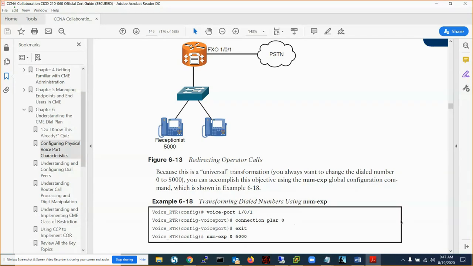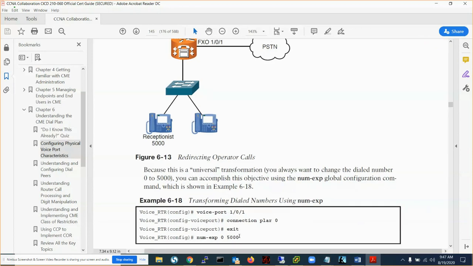So if there's an auto attendant and it says 0 for the operator, as the person presses 0, this command will translate the call to 5000, which is the receptionist extension.